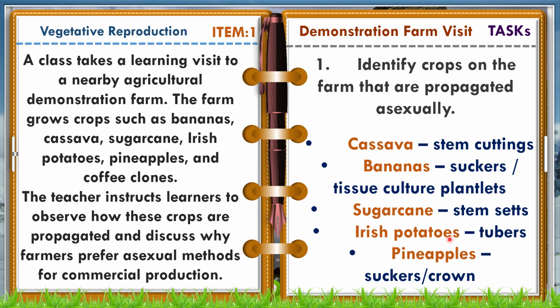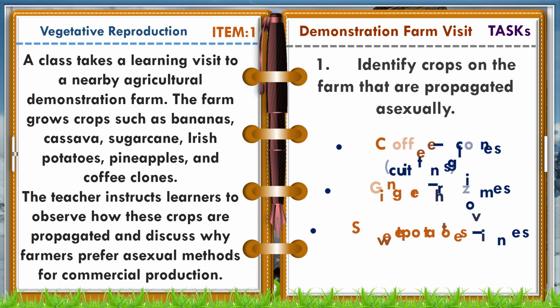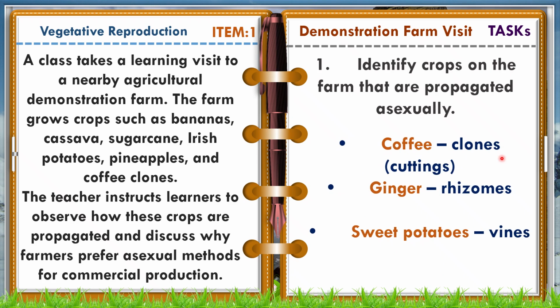Irish potato, they use tubers, and pineapples, they are using suckers and crowns. For coffee clones, they are using cuttings. Ginger, they use rhizomes. Sweet potatoes, they are using vines.